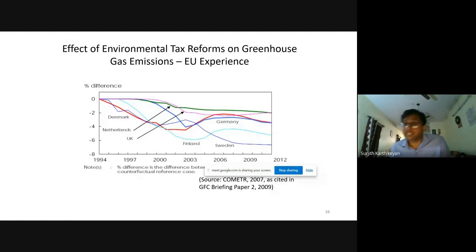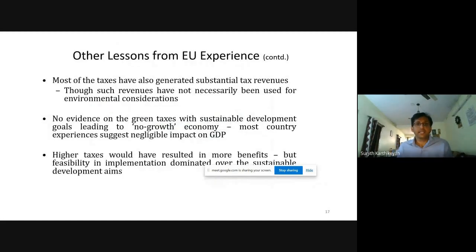So that might be the reason a few countries slightly increased after 2003. Then generally it is a decreasing trend from 1997, 2000 onwards. So the European experience has been a reduction in greenhouse gas emissions.